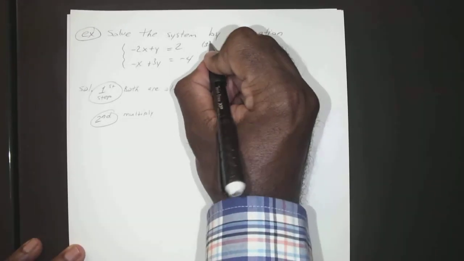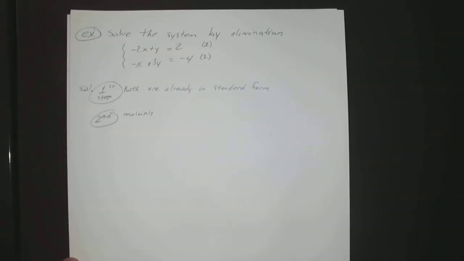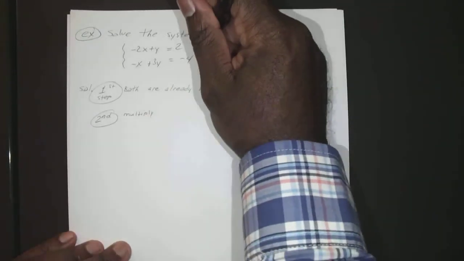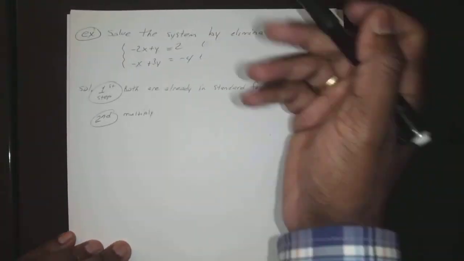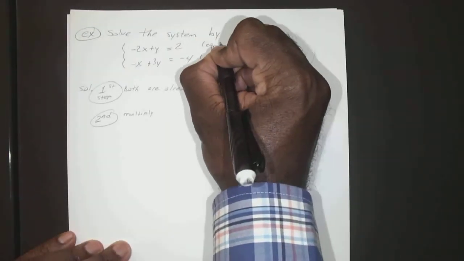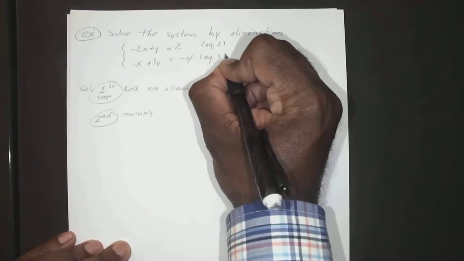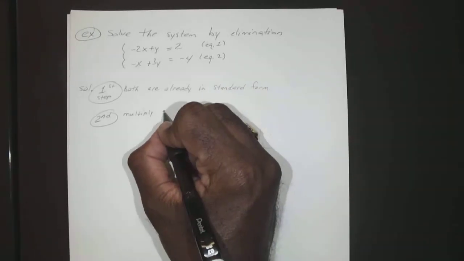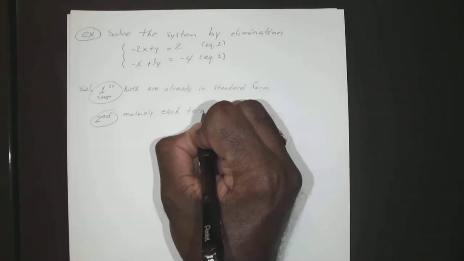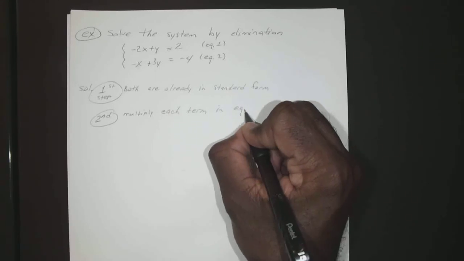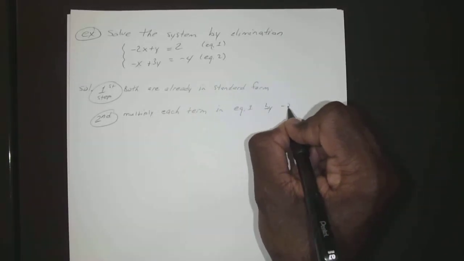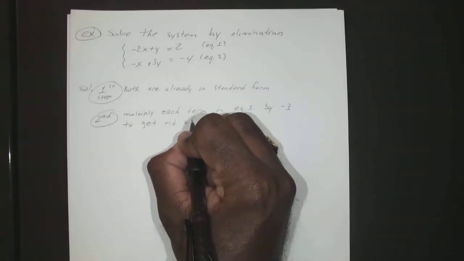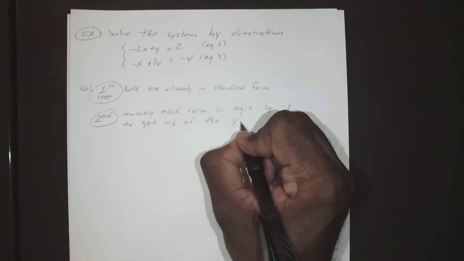And I'll call this equation 1 and equation 2, so I don't have to keep rewriting it. Okay, so multiply each term in equation 1 by negative 3 to get rid of the y variable.